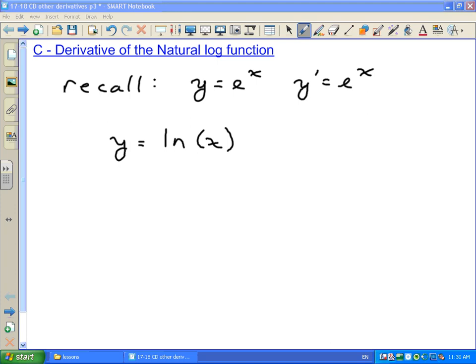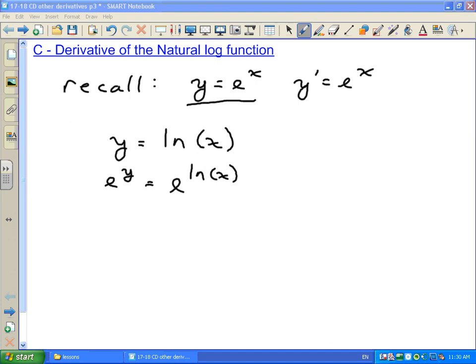Now, what we know how to take the derivative of is something where we've got an exponent with base e. So we're going to use this trick where we take both sides of this equation and raise both of them to the exponent with the base of e. So this will become e to the y equals e to the ln x. Okay?